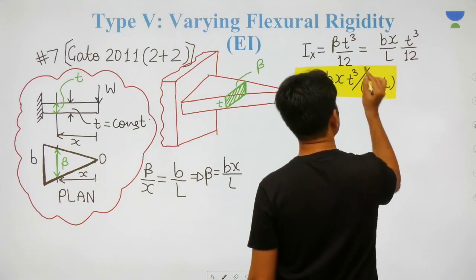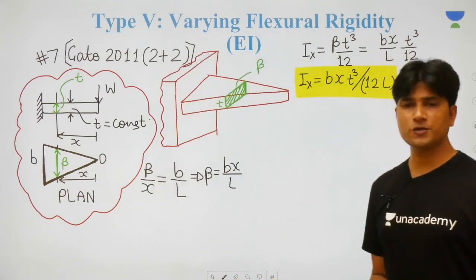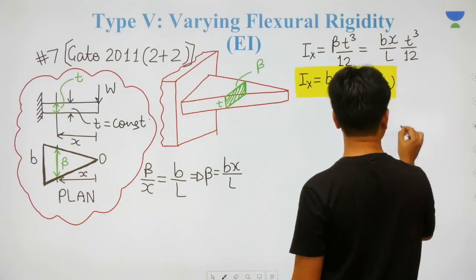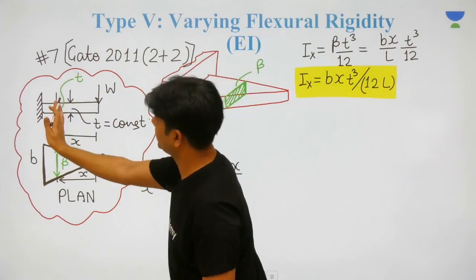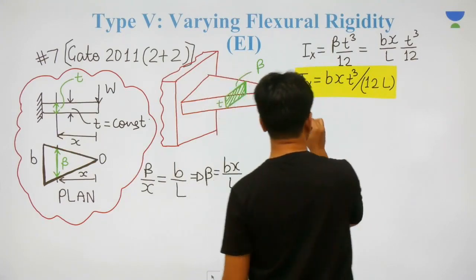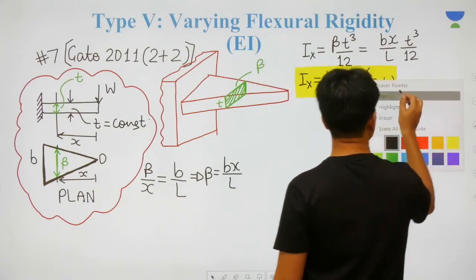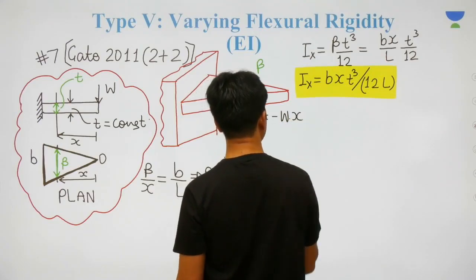At any given x position, this is the moment of inertia value. Now at x position, what is the bending moment value? The bending moment value is very clearly w into x.